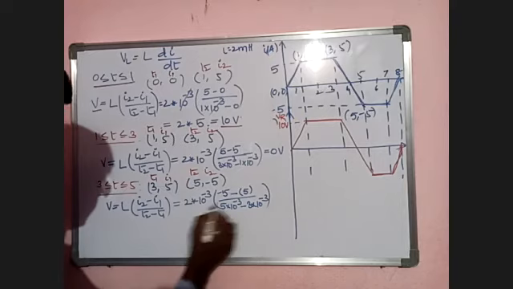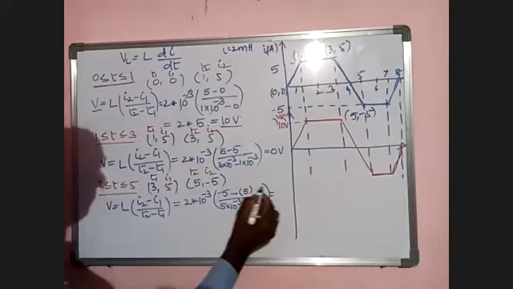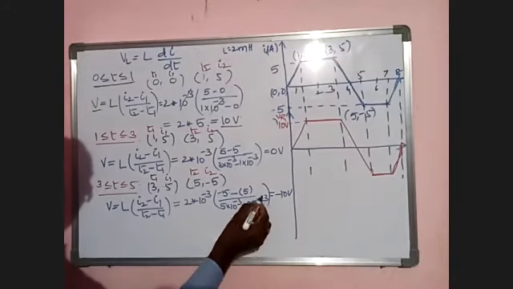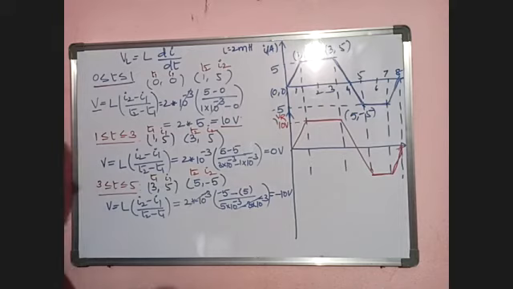This gives minus 10 volts. Here the 2 into 10 to the power of minus 3 gets cancelled, so you will get minus 10 volts.